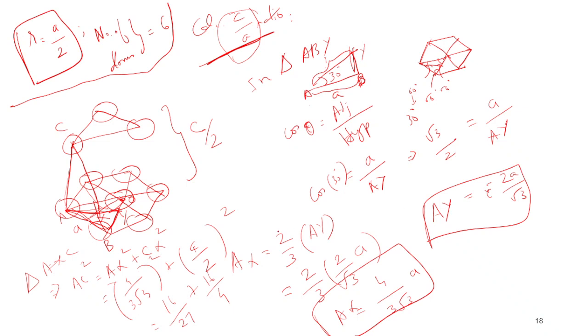So let's say a value. Sir, we are missing a. Yes, that's what I was looking for. There's an a over there, so we'll have a square over here, is it not? So this is AC square. We get 16 a square by 27 plus 16 by 4.